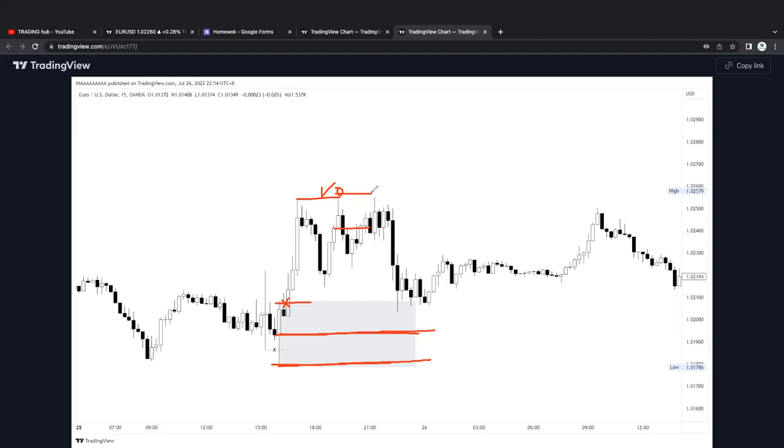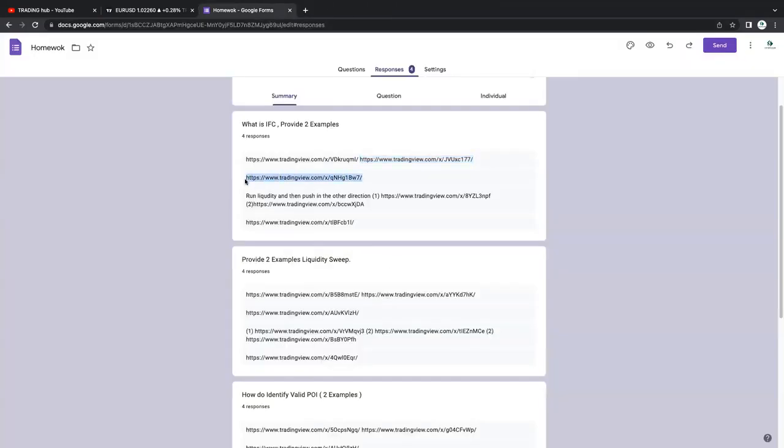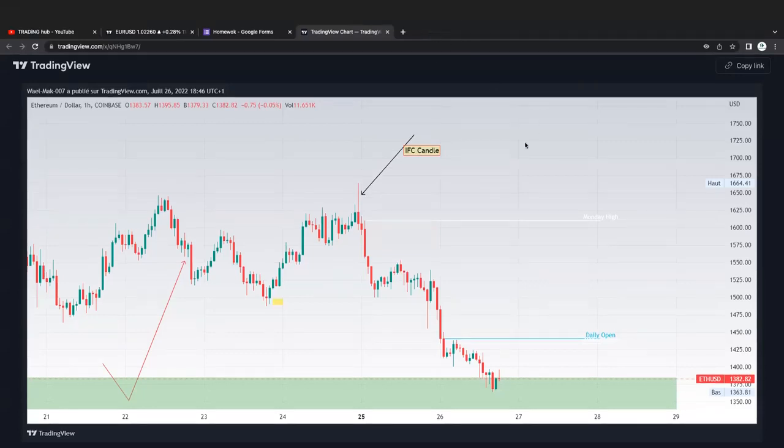Now let's switch to another one. Yes, this one is IFC, but we need a proper imbalance to mark the entire candle, but you can mark this area.